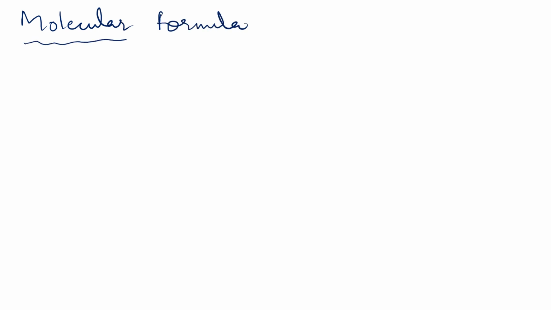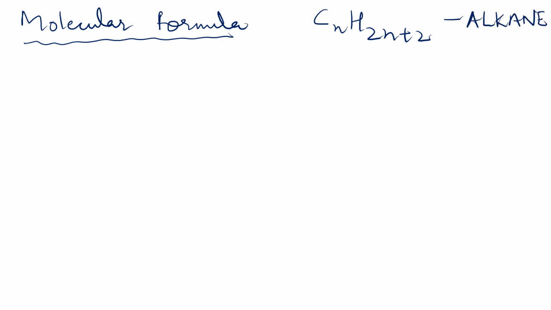As I said, alkane has a general formula. This is the general formula of alkane. Please remember this, where n represents the number of carbon atoms. So if I have 1 carbon atom, what will be the molecular formula?